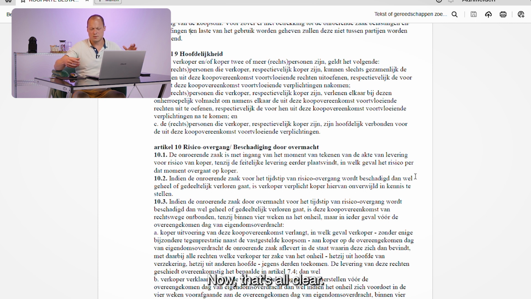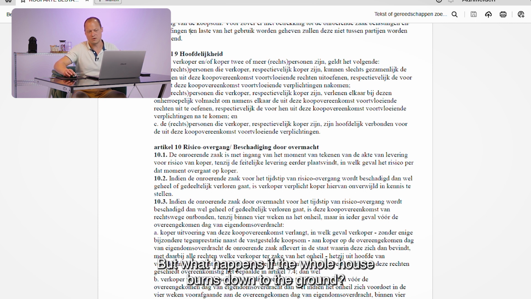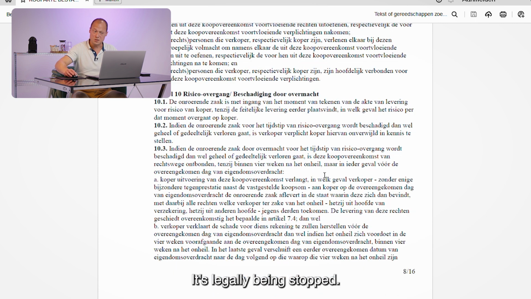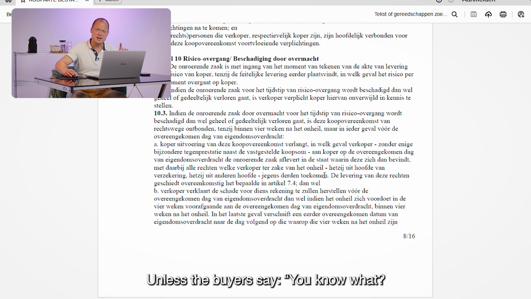Now, that's all clear, but what happens if the whole house burns down to the ground? In that case, this purchase agreement is legally being cancelled. It's legally being stopped, unless the buyers say, you know what?